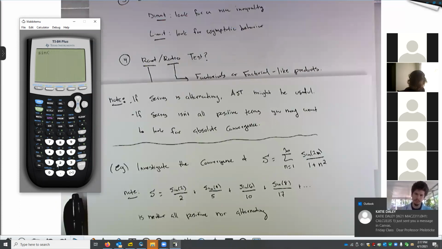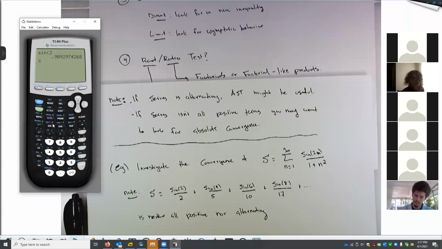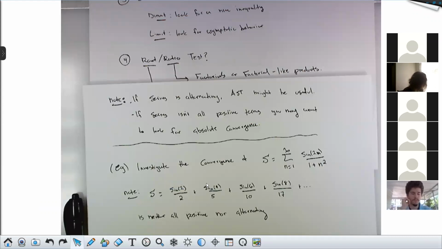So sine of 2 is positive, sine of 4 is negative, sine of 6 is negative, sine of 8 is positive. You see these numerators: positive, negative, negative, positive. It's neither alternating nor always positive. So I can't use AST because it's not alternating, and I can't use the direct comparison test right away either, because it requires everything to be positive.